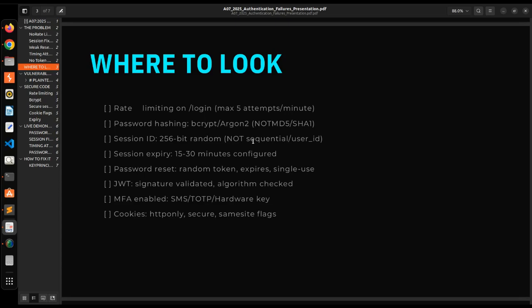Fourth, password reset. This one gets people constantly. Does the token expire, how long, and is it reusable or not? Can you brute force it? I'm literally trying to think like an attacker here. And fifth is JWT tokens.